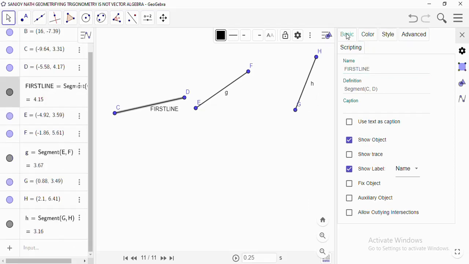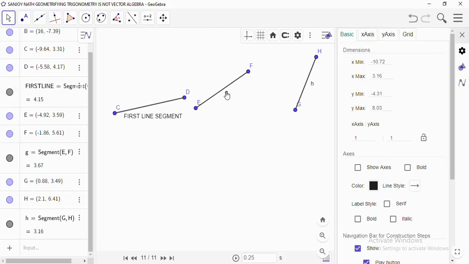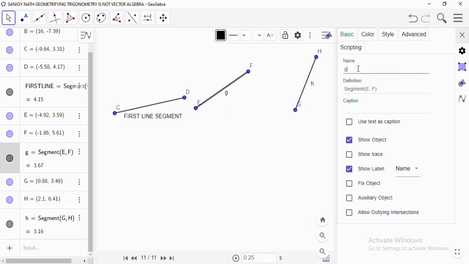Its caption is first line segment. It is the second line segment. And it is the third line segment.